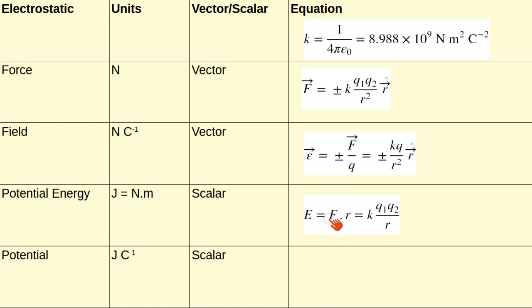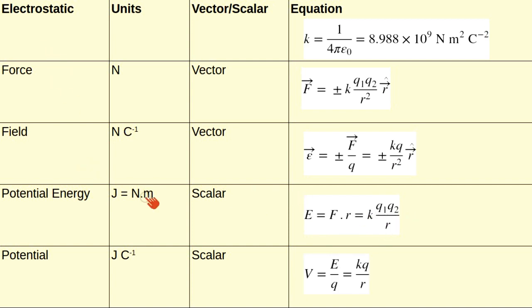Energy is force times distance. Again, careful, that is m for distance here in the units. When it comes to equation, you've got r is the distance. So you're multiplying the expression for force here by distance, F times r. So the r squared reduces to an r. So you now have k q1 q2 over r. Again, no plus or minus, it's purely a scalar, therefore you have no unit vector notation.